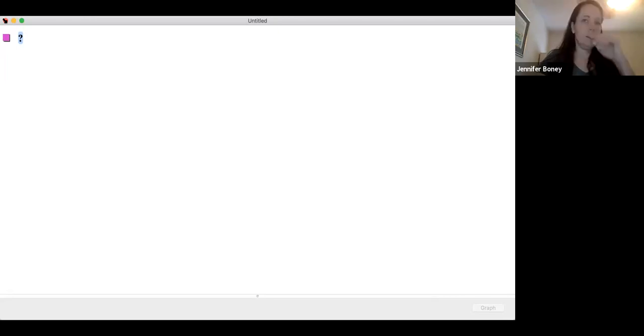All right, so I want to put in, let me define my function first. f of x, control 9, there we go, equals x to the 4th minus 6x cubed plus 12x squared minus 8x plus 3.